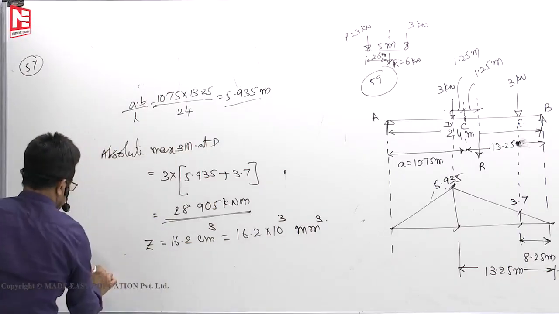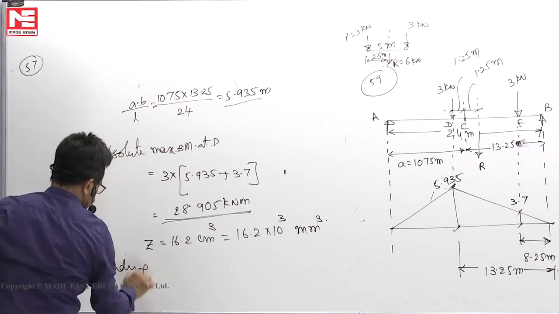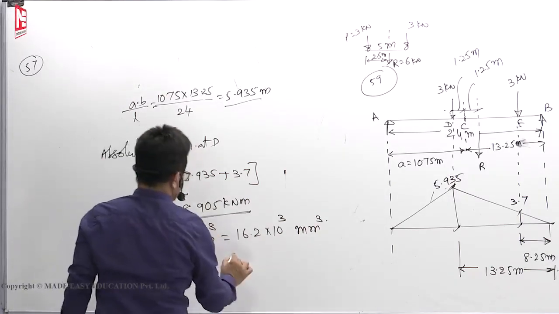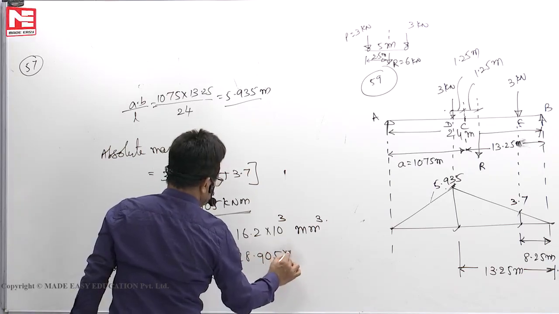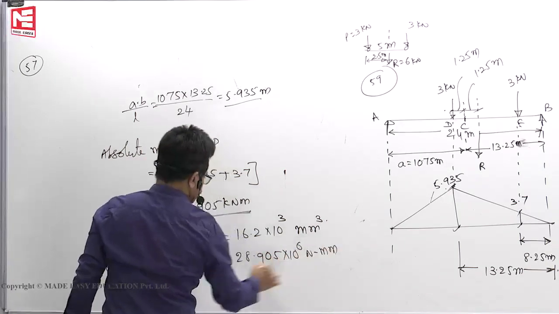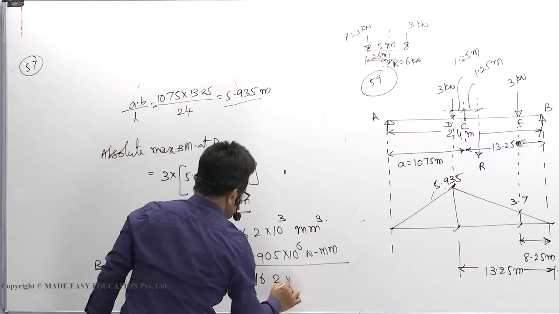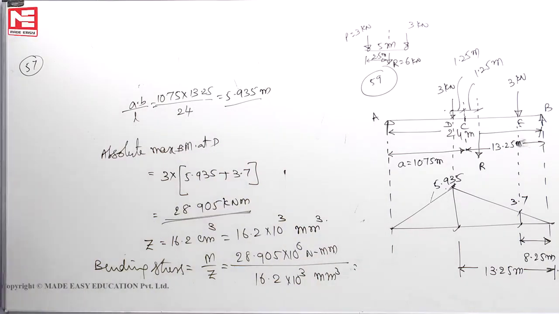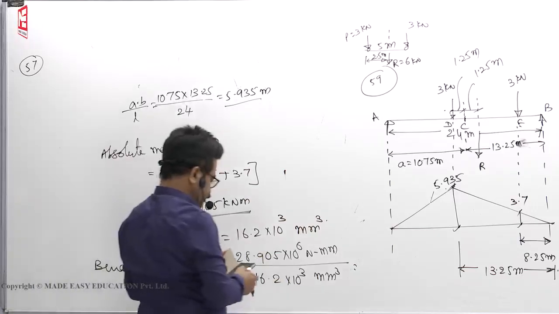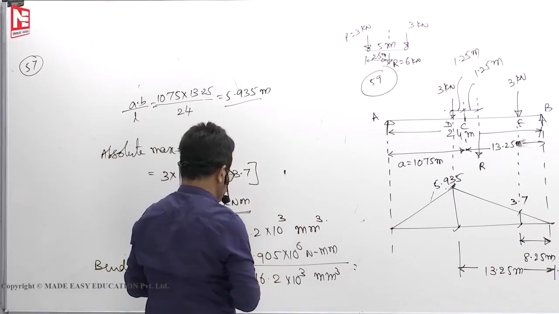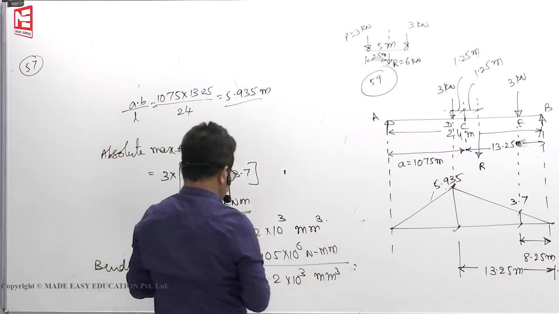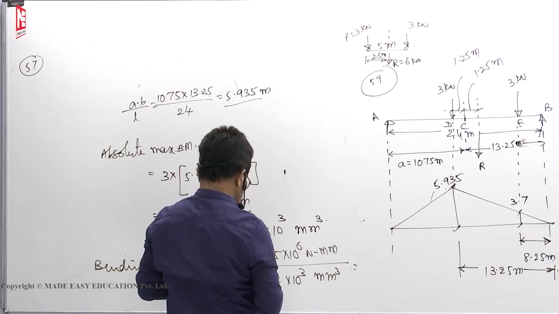So you will get maximum bending stress, M by Z. So 28.905 into 10 to the power of 6 Newton mm by 16.2 into 10 cube mm cube. If we calculate, 28.905 into 10 to the power of 3 into 1000 divided by 16.2.